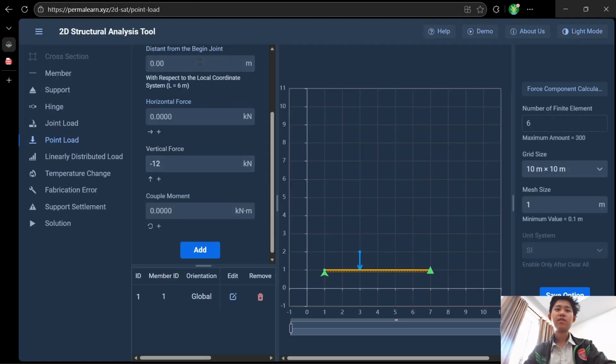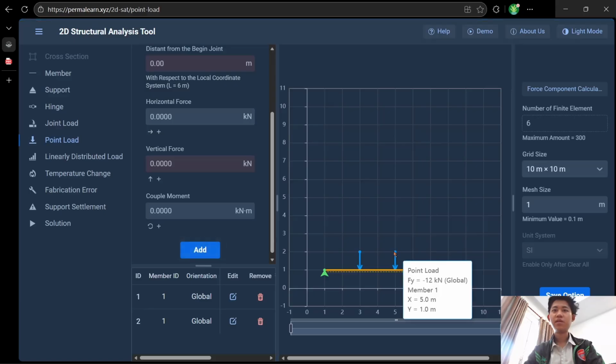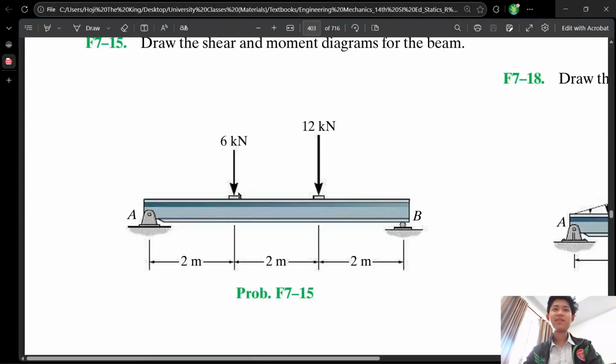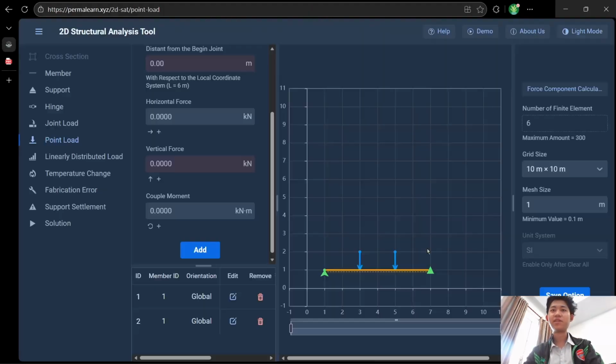Now if you add it, we have a downward 12 kilonewton and a downward 6 kilonewton load at 2 meters and 4 meters, just like so.